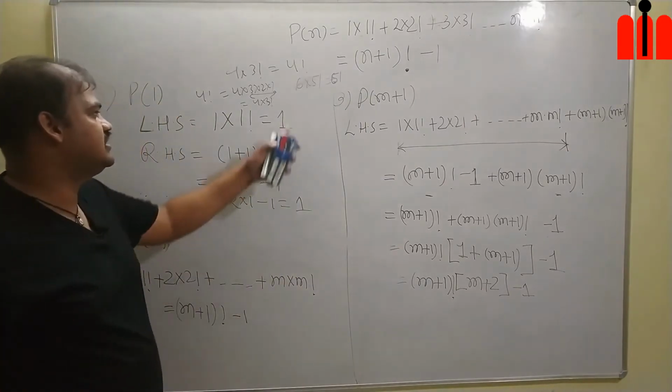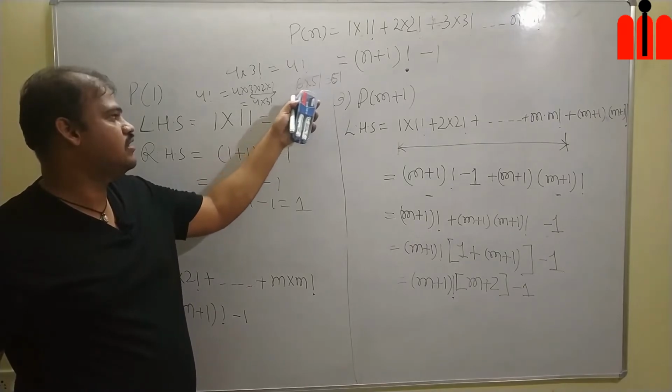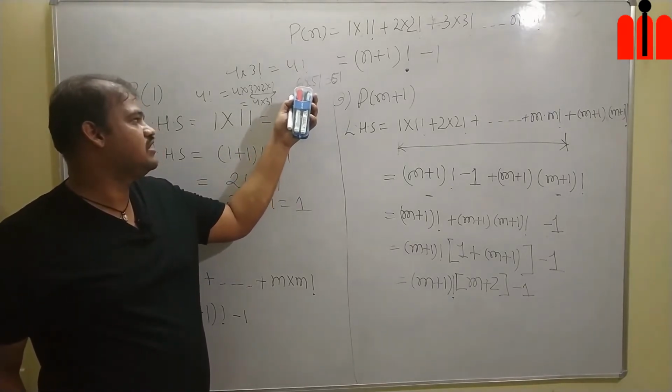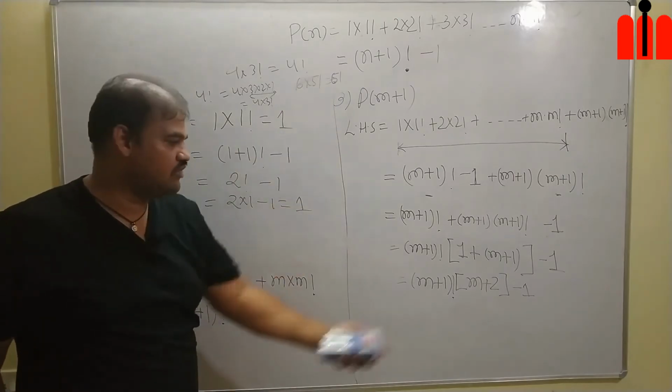So whenever the multiplier is greater by 1 than the factorial's number, m plus 1 into m factorial becomes m plus 1 factorial.